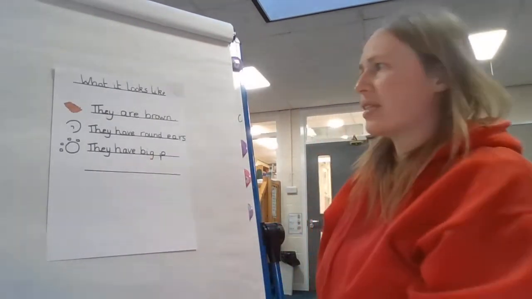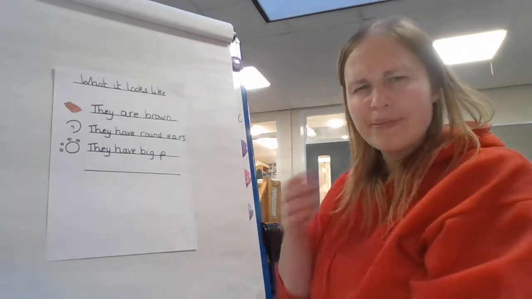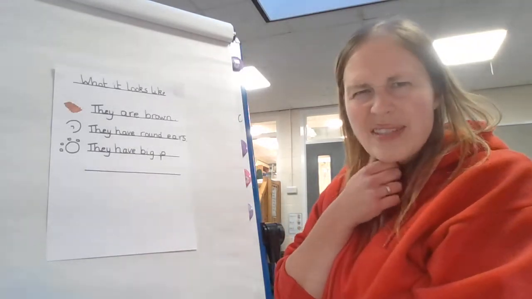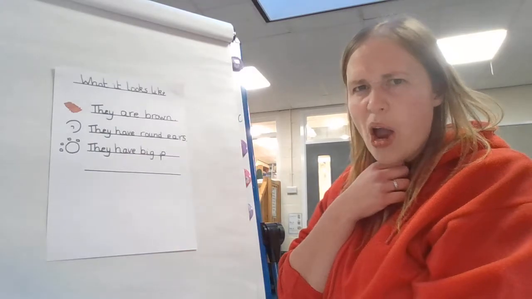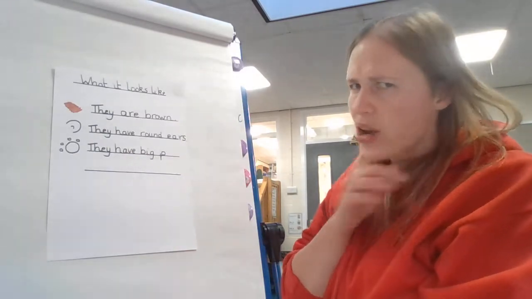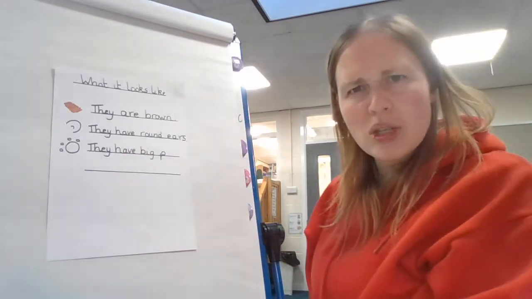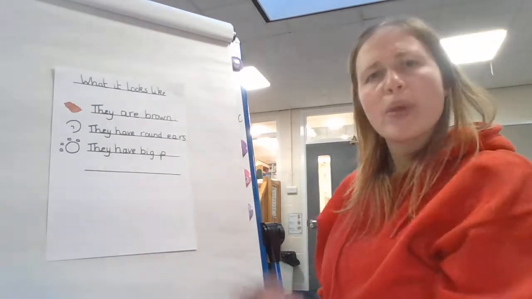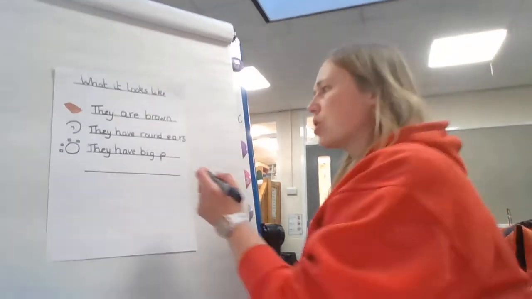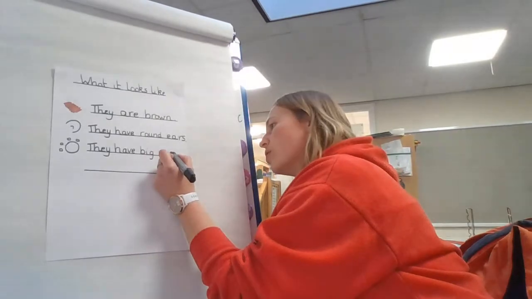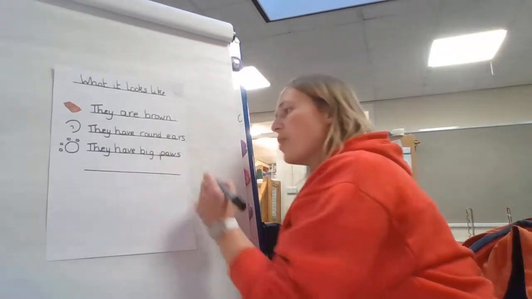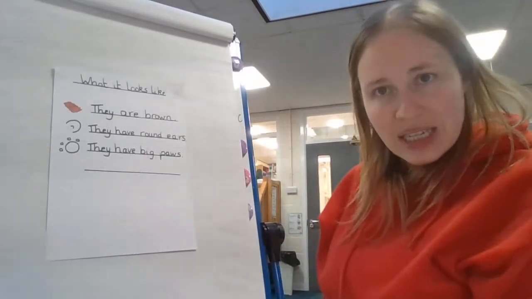Making sure I've got my finger space in there. Paws. Now, again, this is a really sneaky sound because I know we've learned one way of writing the or sound and not another way yet. But I'm going to use the right or sound today. But you use whichever sound you need to use. Or. They have big paws, and a full stop to show that that sentence is finished.